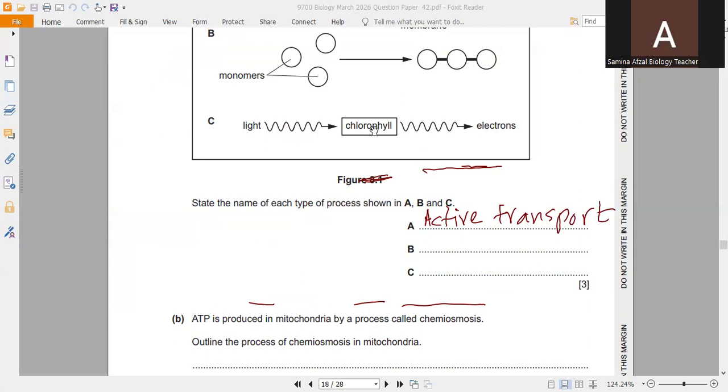And B is anabolism, condensation, or polymerization; you can write any one of them. C is photoactivation.